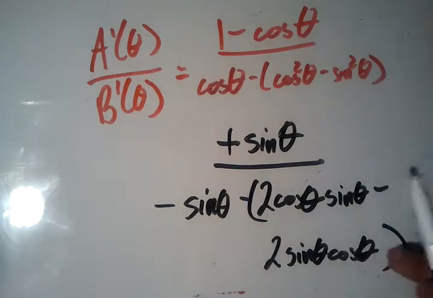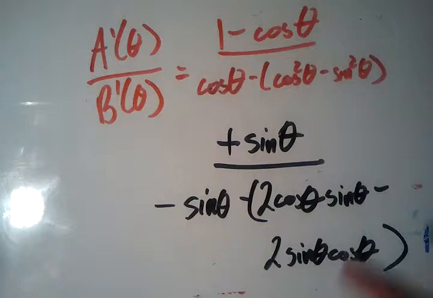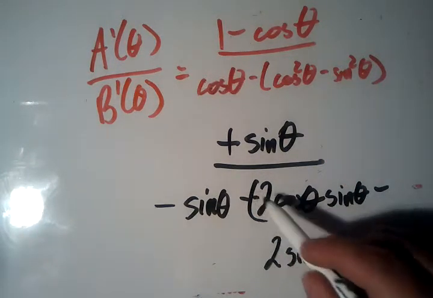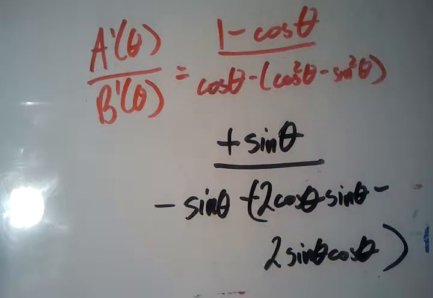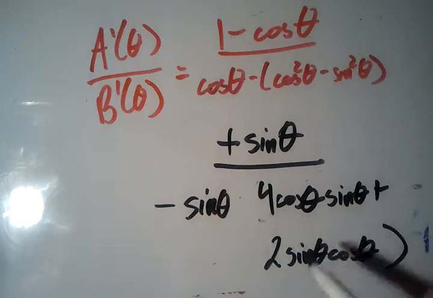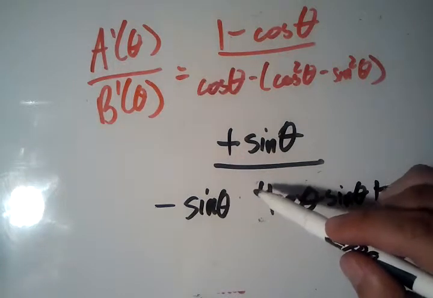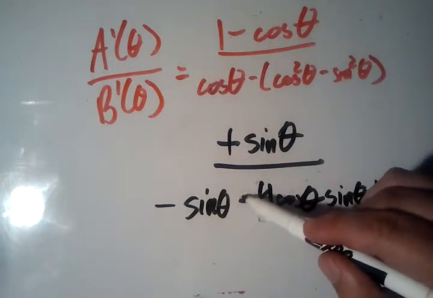And this is going to be enclosed, so cosine theta, and this is going to be negative right here. So really this is all going to be positive. We're going to get 4 cosine theta sine theta because we add these two, and so we have this.